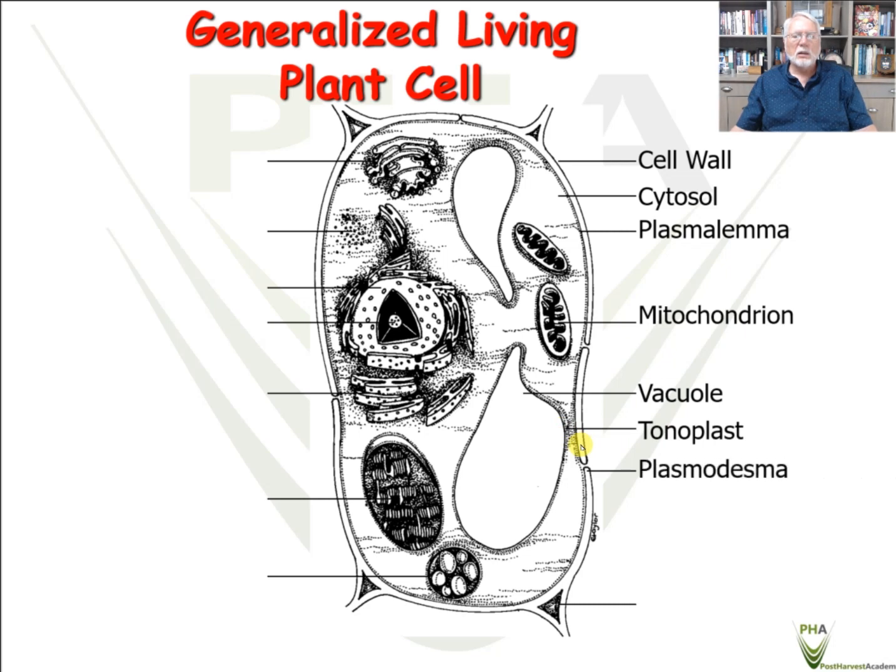In the cell wall, we have channels known as plasmodesmata through which the protoplasm of one cell is connected with the protoplasm of an adjacent cell.